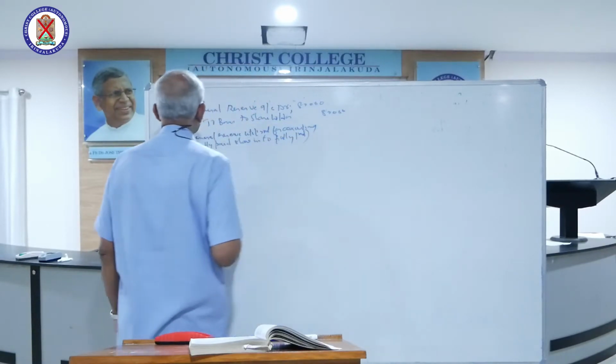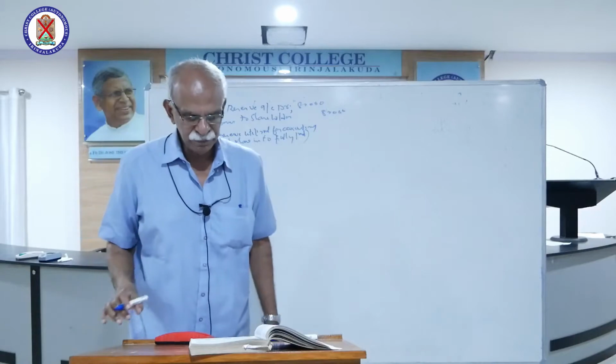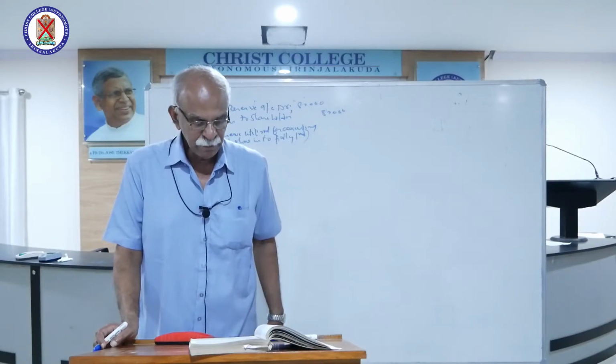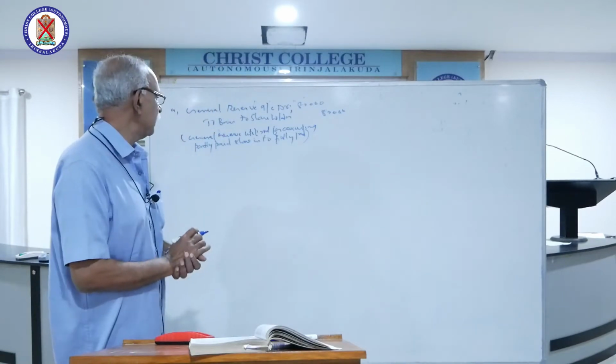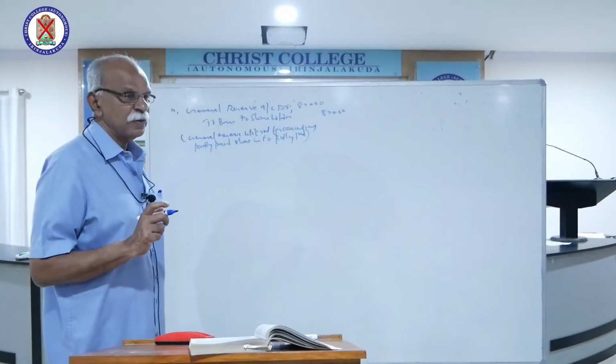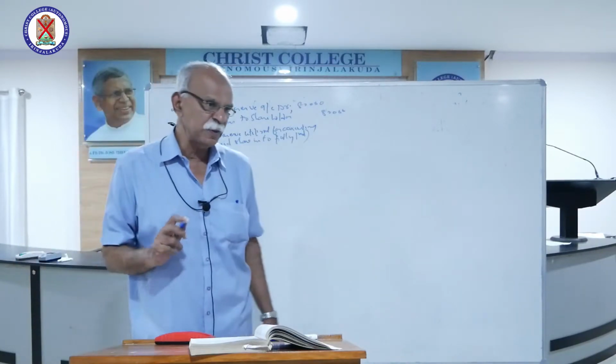That's the first entry. General reserve account debit to bonus to shareholders, general reserve utilized for converting partly paid shares into fully paid on 40,000 shares at the rate of rupees 2 per share.